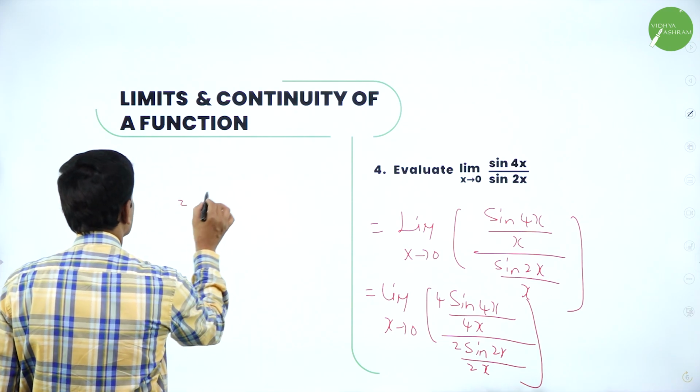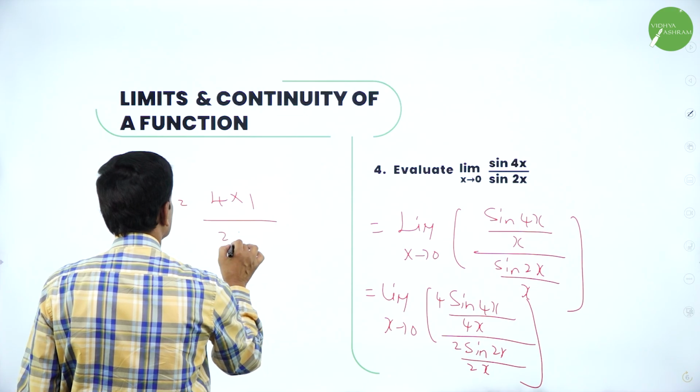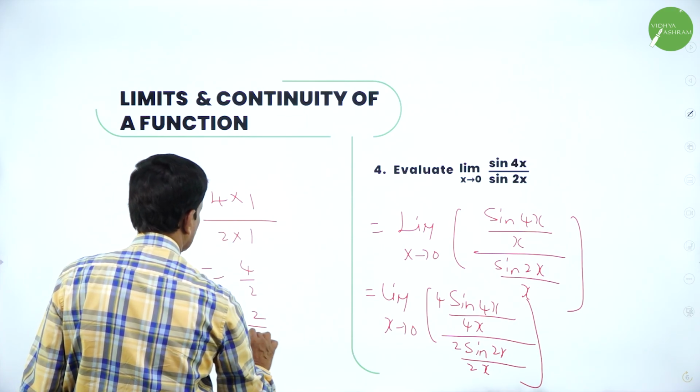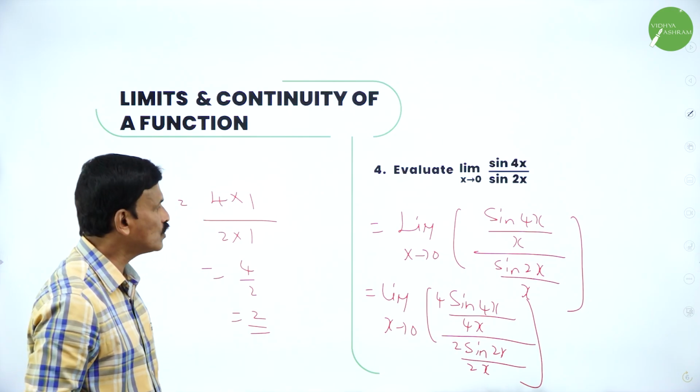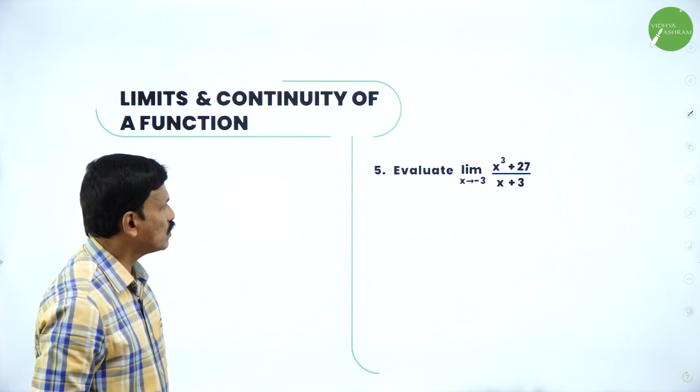So, this is equal to 4 into limit sin theta by theta is 1, again 2 into sin theta by theta is 1. That's equal to 4 by 2 is equal to 2, the simplified answer. Now, move on to the next problem.